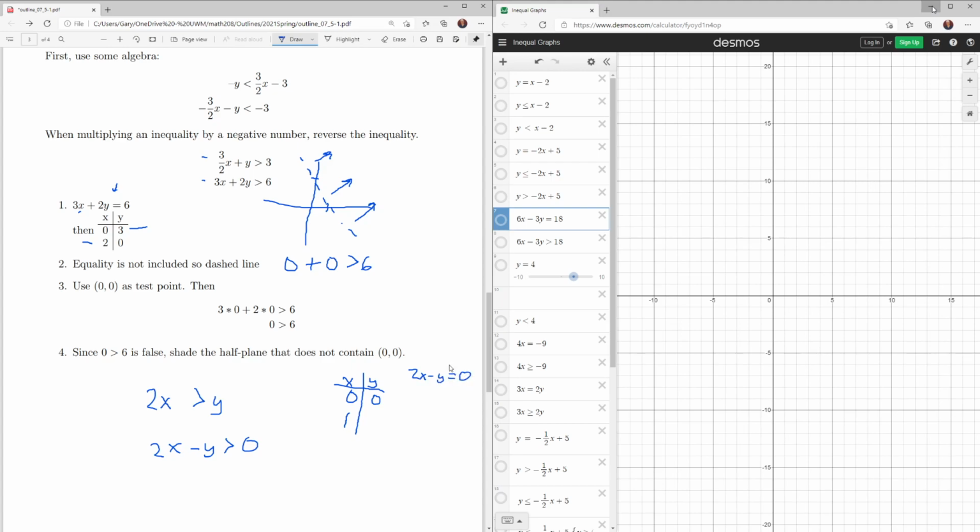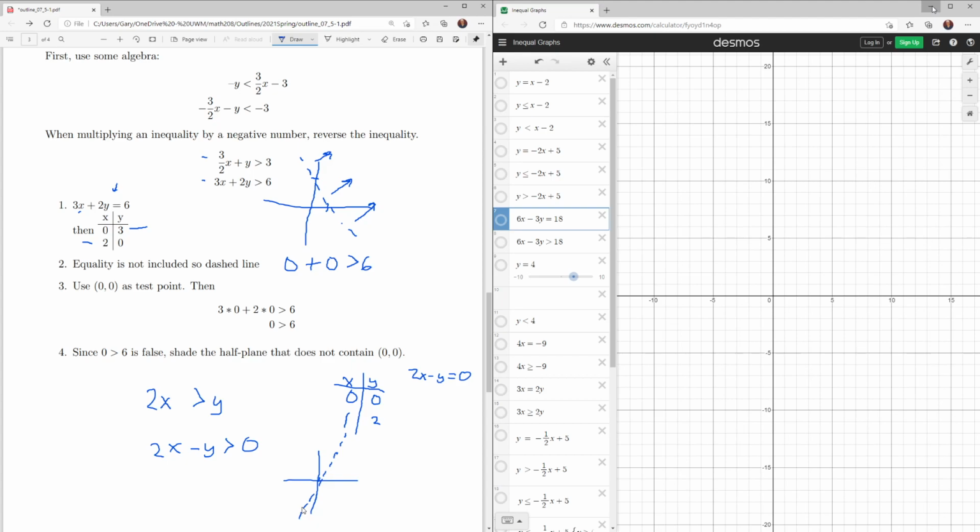This is how we figure out where our line is. So when x equals 1, y is equal to 2. This gives us 2 points on our graph, 0, 0 and 1, 2. It's a strict inequality, so this would be a dashed line.